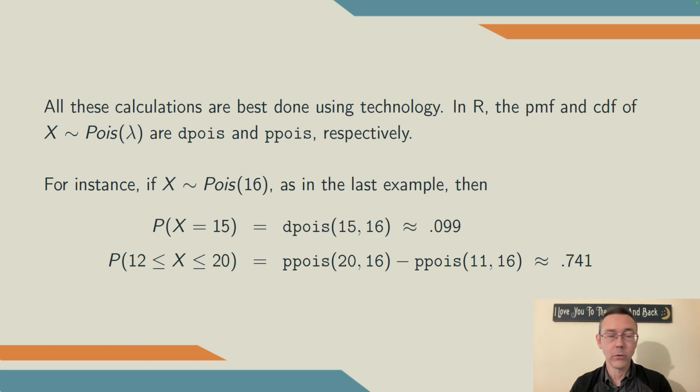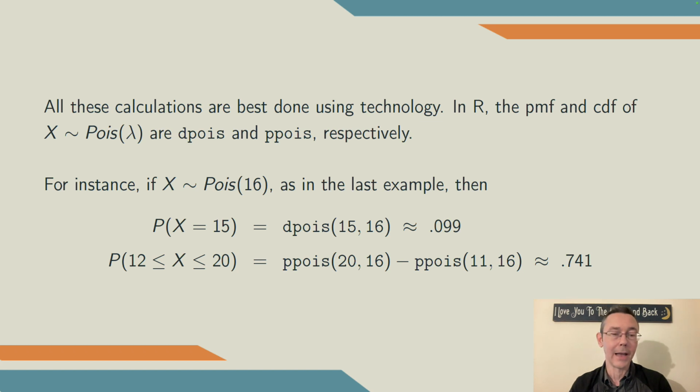So for instance, using the distribution from that last example, the Poisson distribution with lambda equals 16, the probability of 15 flawed boxes in a shift is going to be given by dpois(15, 16), which is about 9.9%. And the probability that we computed in that example, that X is between 12 and 20 inclusive, is ppois(20, 16) minus ppois(11, 16).